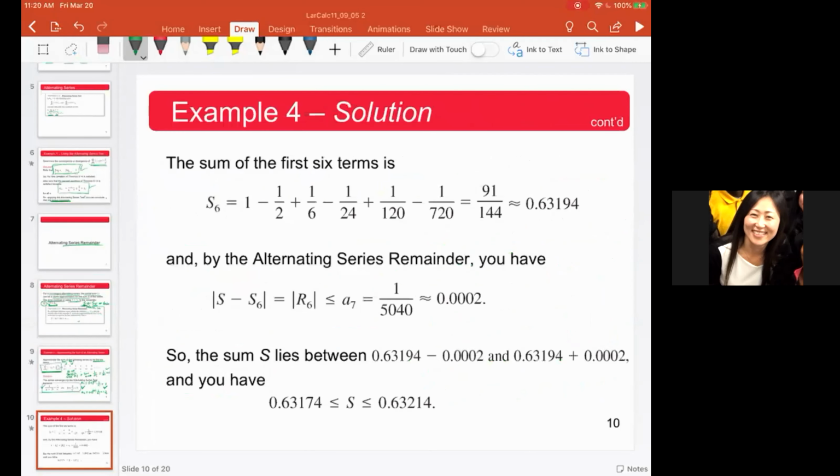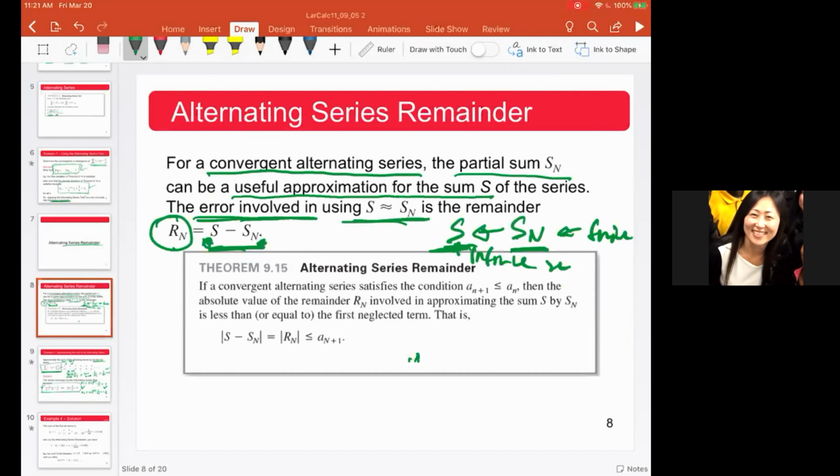Now, let's do the work that we need to do. I want to figure out what the remainder is, what the error is. You can think of this remainder as the error. What kind of error are you going to have? S is what I want, but I cannot find S because it's infinite.